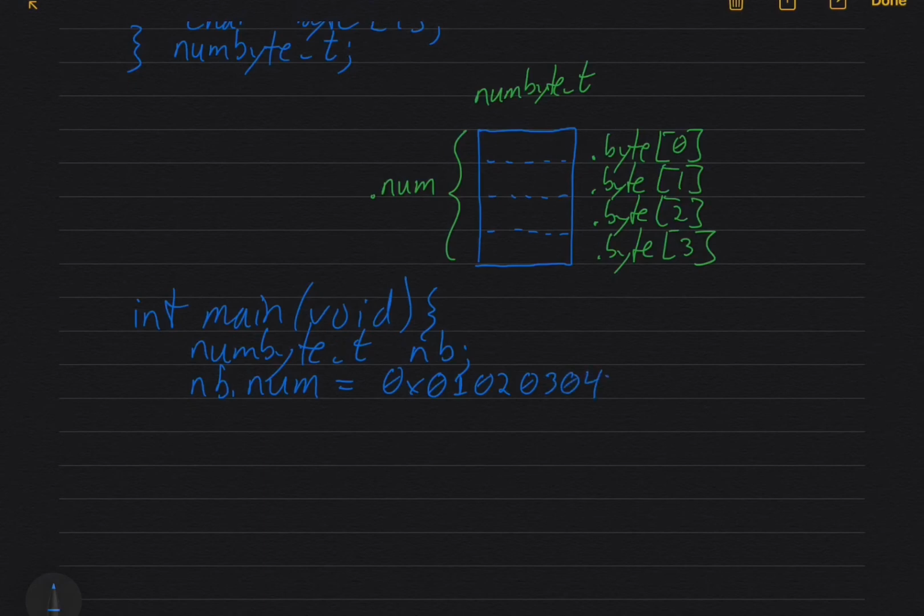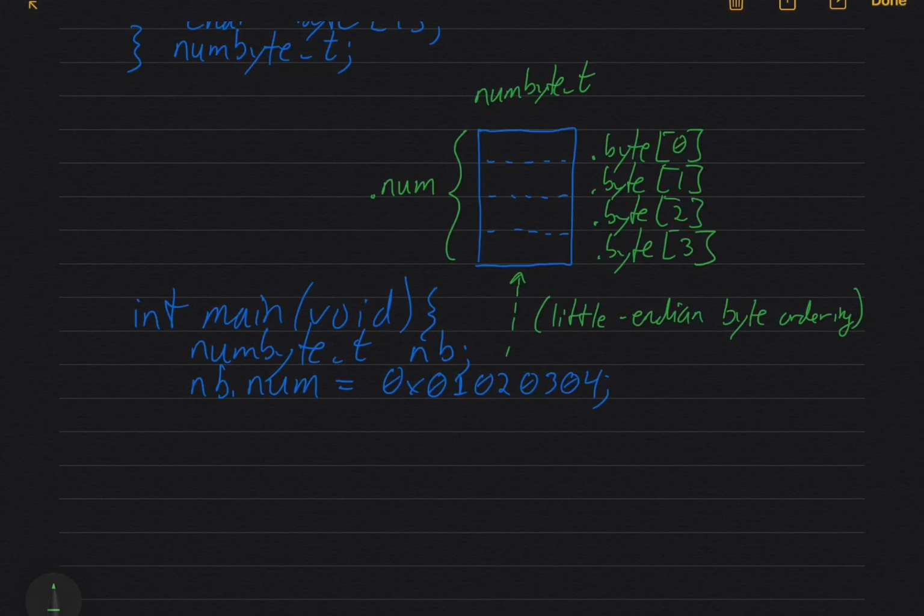Okay, and so what that is going to do is populate, let's just say that this is our num_byte storage, and if we are using little endian byte ordering, then the least significant byte will go at the smaller address.